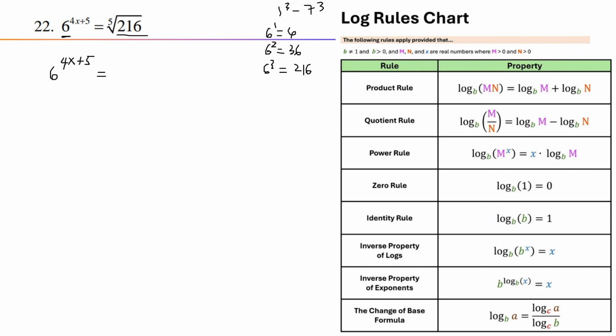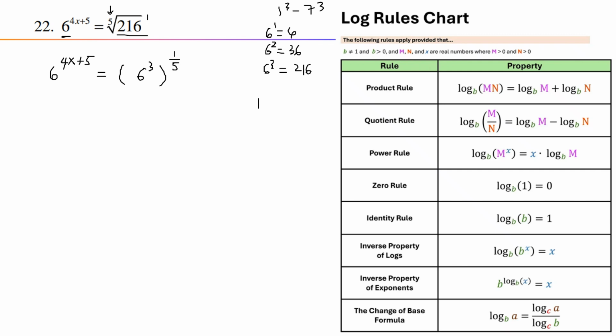On the right hand side, I will rewrite this one. You see that the outside is 1/5, okay? Because this is the index number, or the root 5, and then the power is 1, so 1/5. Now 216 will be 6 cubed.